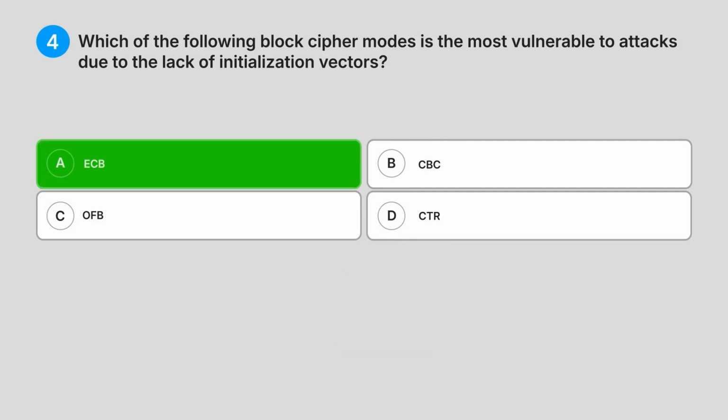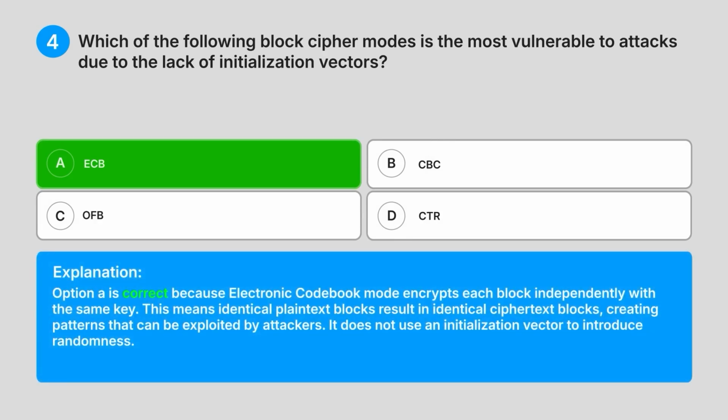Correct answer, A. ECB. Explanation: Option A is correct because electronic codebook mode encrypts each block independently with the same key. This means identical plaintext blocks result in identical ciphertext blocks, creating patterns that can be exploited by attackers. It does not use an initialization vector to introduce randomness.